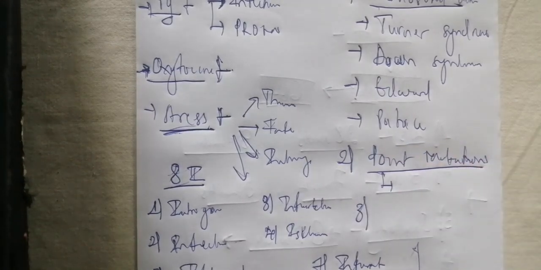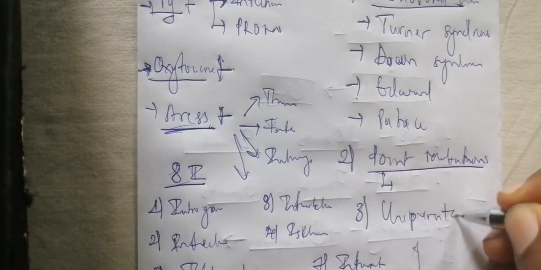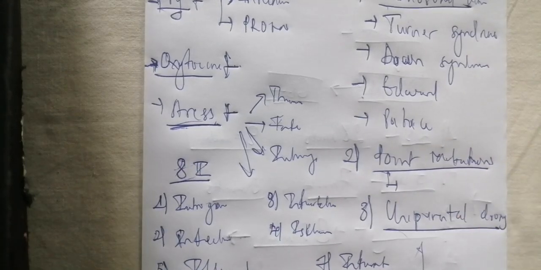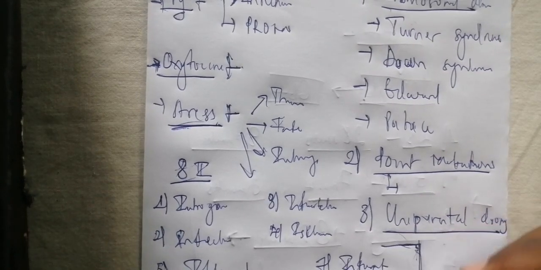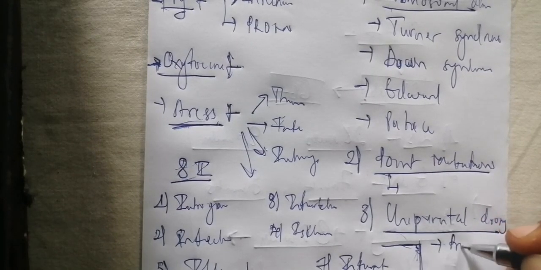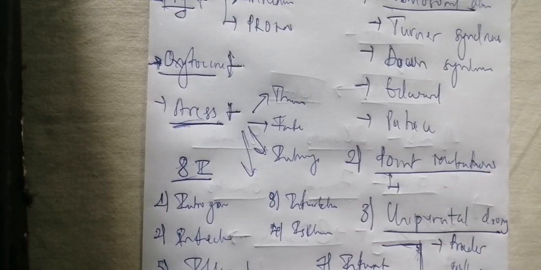The third abnormality you can have is uniparental disomy, when you receive the chromosomes from only a single parent. This can occur in Prader-Willi syndrome and in Angelman syndrome. Is it clear?